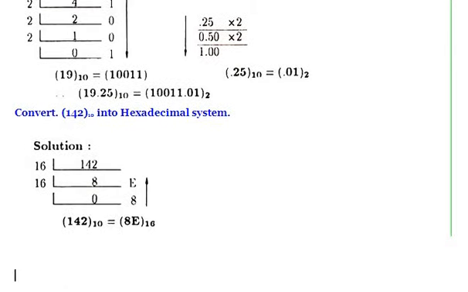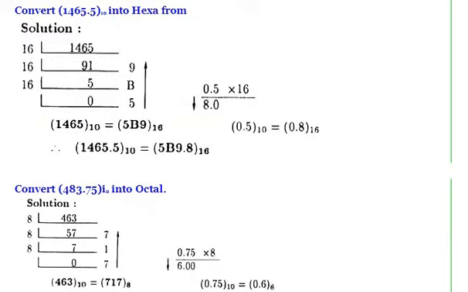So decimal to hexadecimal. Decimal to binary is divided by 2, and decimal to hexadecimal is divided by 16. 142 divided by 16, 16 something, and the remainder is, I think, 14. 14 is E. So 1465.5. 1465 divided by 16, and 0.5, the fractional part as usual multiplied by 16.